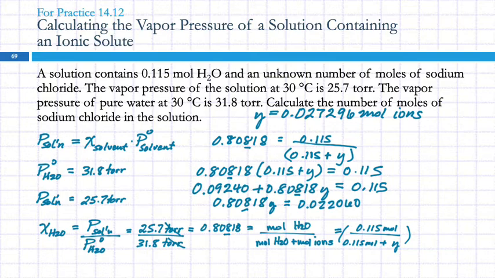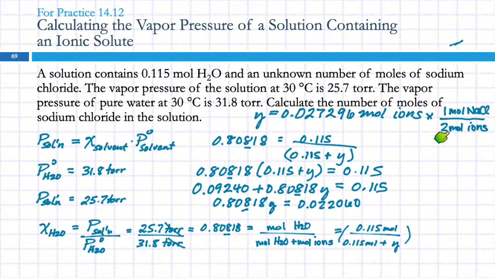So if we have this many moles of ions, how many moles of sodium chloride do we have? Well, we could write it out using dimensional analysis, right? We could say, okay, well, I'm going to multiply by 1 mole of sodium chloride is going to give me 2 moles of ions. Because it can be hard. It's like, am I supposed to multiply by 2 or divide by 2, right?